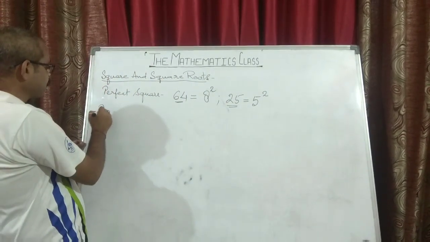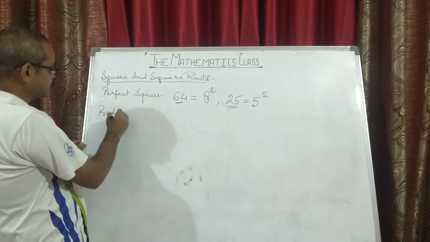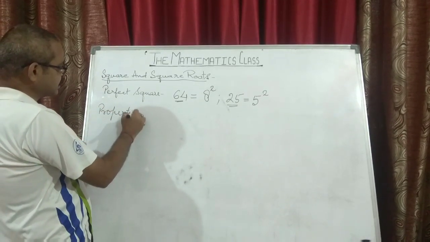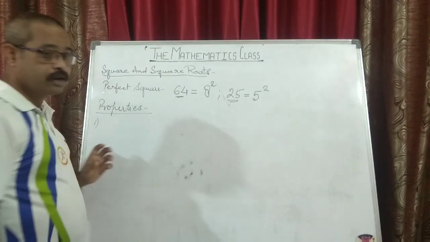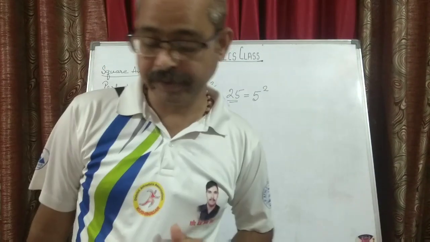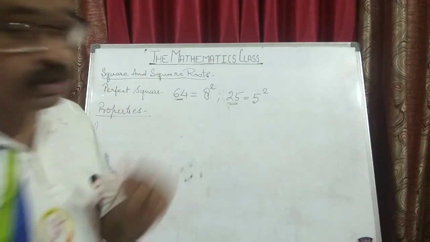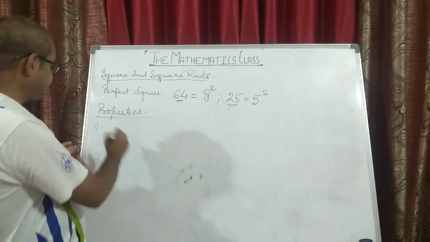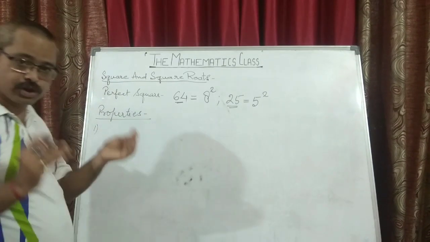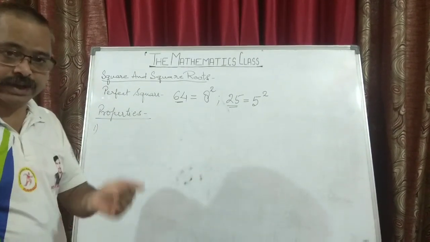Now there are a few properties of perfect squares. First thing, you always need to remember that a perfect square is always positive.